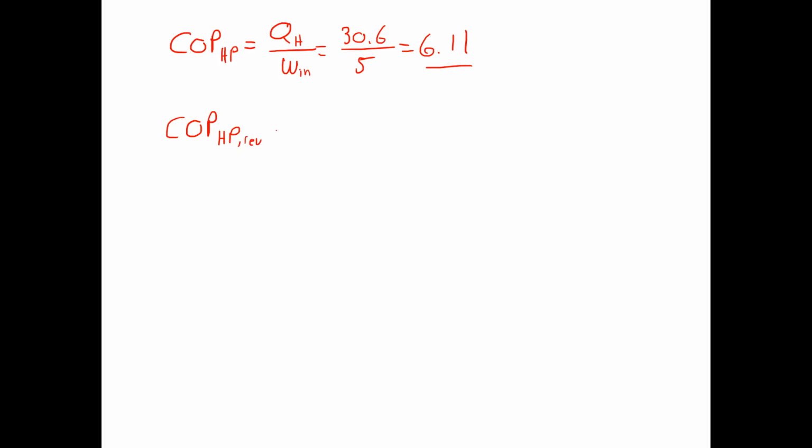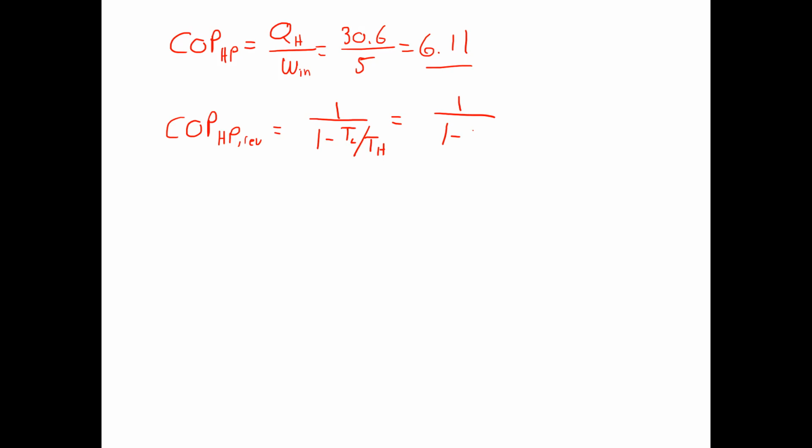So we're going to look at the reversible coefficient of performance. If you go back into your notes for a heat pump, you can compute the coefficient of performance for a reversible heat pump as a function of the cold and hot thermal reservoirs.